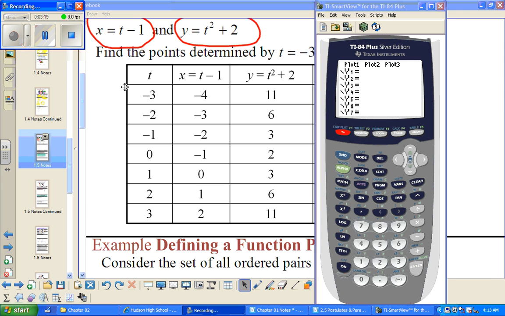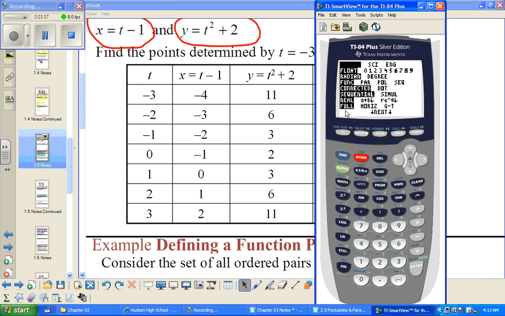What's really nice, and you probably never knew about, is that you can graph parametric equations on your graphing calculator. Normally when you go on your graphing calculator, it looks like this. But if you click on mode, the normal setting is function.